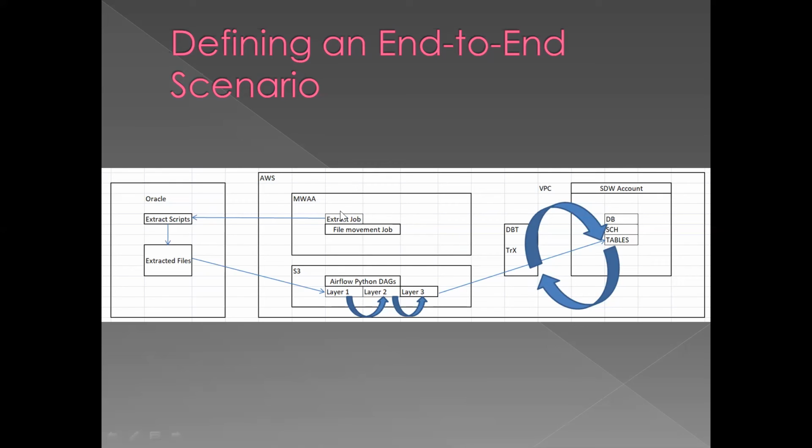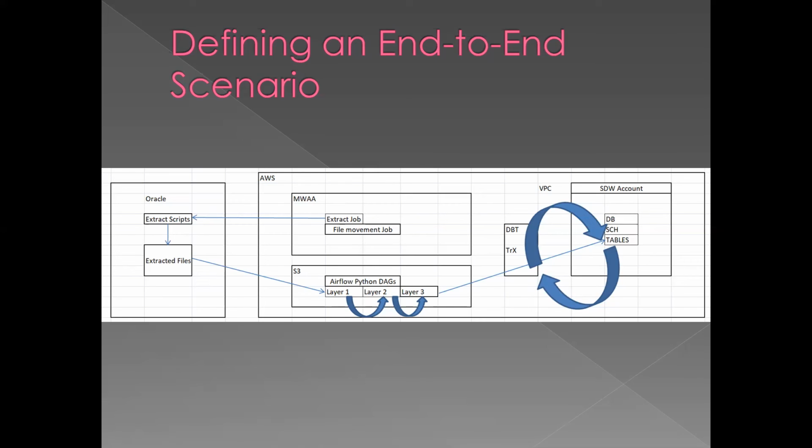All the Python scripts required to be executed as a part of this MWAA are written in Python, and they are all in the S3 buckets, right? So we should have a connection between MWAA and S3 so that MWAA can access and read these Python files from here.